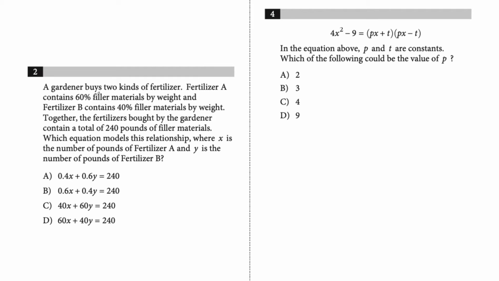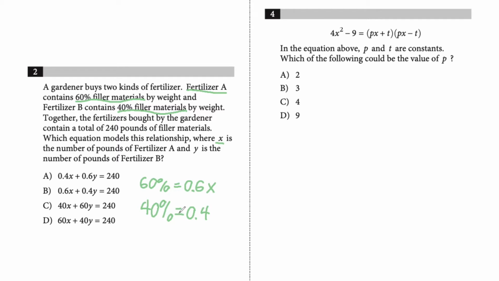So what we need to do in this equation is match up the percentage of filler material for fertilizer A with the variable for fertilizer A. So x represents fertilizer A. 60% as a decimal is going to be 0.6. And since x is the number of pounds of fertilizer A, we're going to be multiplying this by x. 40% filler material, 40% as a decimal is going to be 0.4.